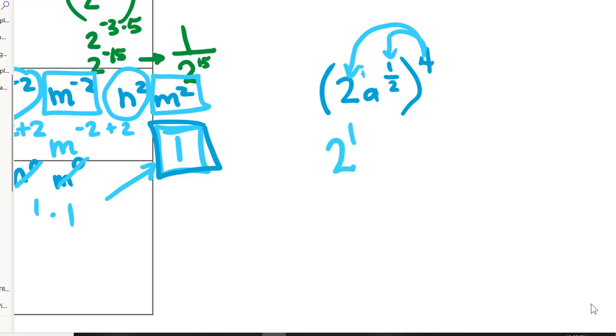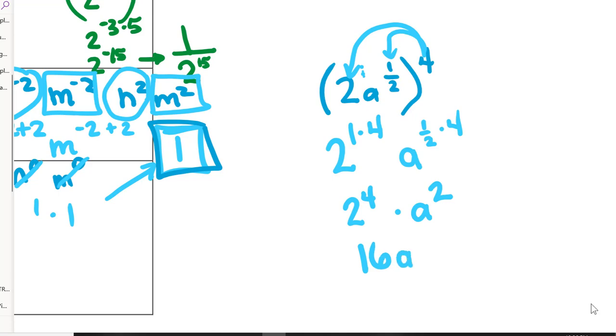So 2 to the first to the 4th power, a to the 1/2 power to the 4th power, and then evaluate. We'll have 2 to the 4th times a to the 2nd. And you can evaluate 2 to the 4th, 2 times 2 times 2 times 2. That is 16, and 16a squared would be our final simplest form of this expression.